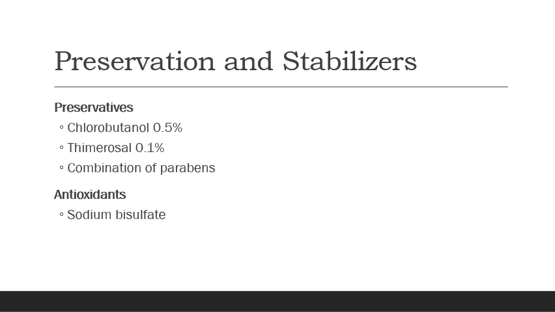Sometimes we also have to maintain the stability and the pH of the preparations, or control the oxidation processes so the preparation may not be oxidized, so we might have to use antioxidants, and sodium bisulfite has been an effective antioxidant in ear preparations.